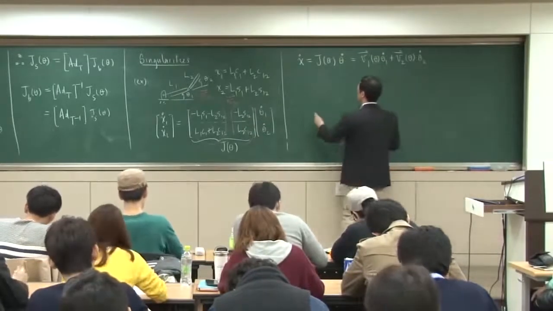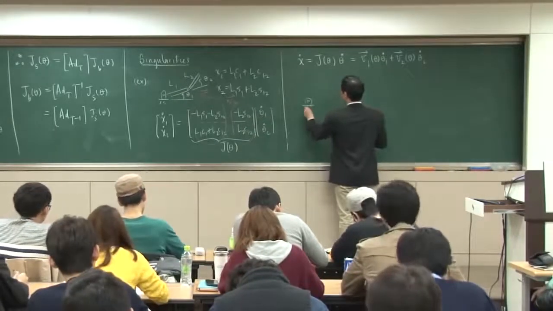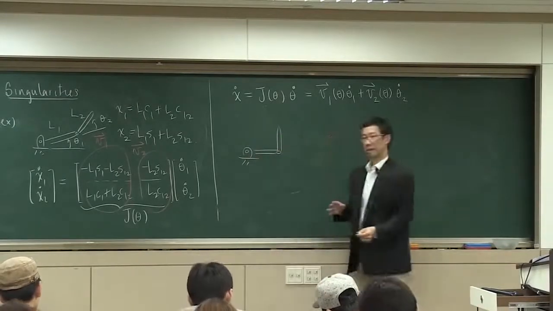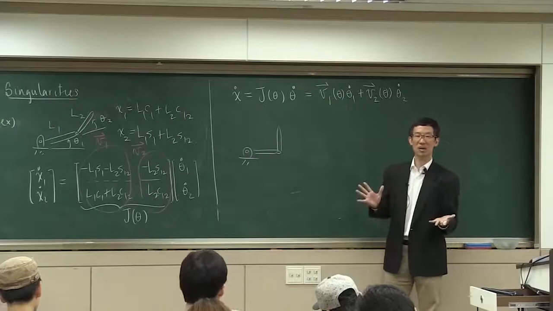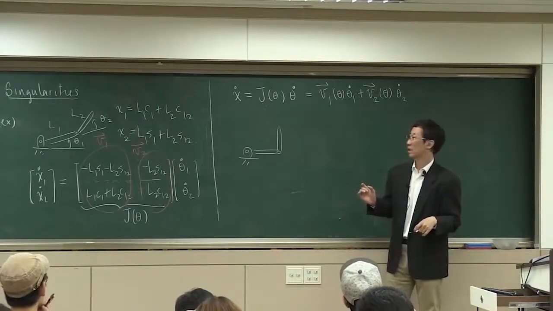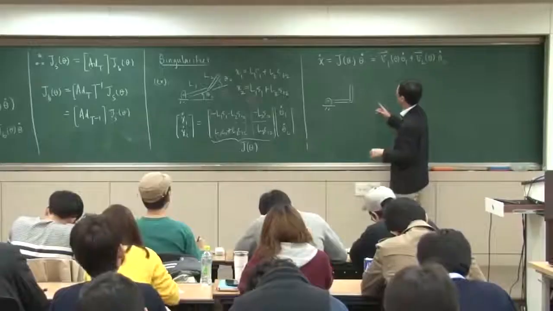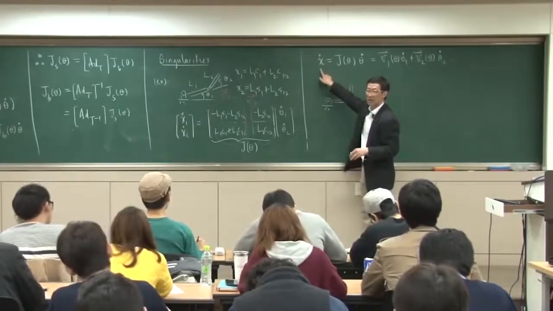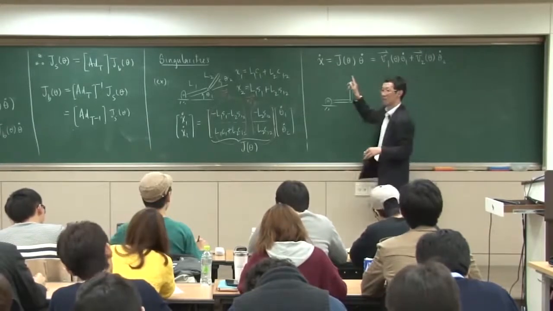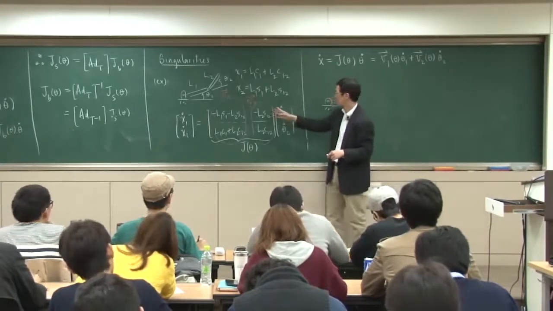All right, so let me put the robot in this configuration. Theta 1 equals 0, and let's say theta 2 equals 90 degrees, pi over 2. Let's see what x dot looks like. So let's see what v1 and v2 look like when theta 1 is 0 and theta 2 equals 90 degrees.